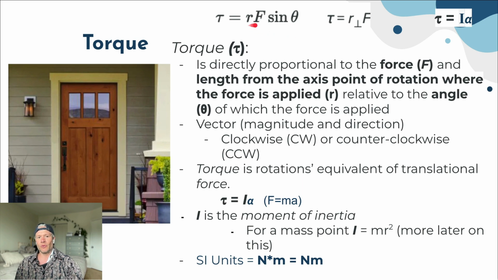So if we go through the factors that contribute, we see that torque is proportionate to the amount of force that is applied to something that can rotate. It depends on how far away from the pivot point or axis point that force is applied, and the angle at which that force is applied to that rotating object, the object with a pivot point, will tell us how much torque we have.